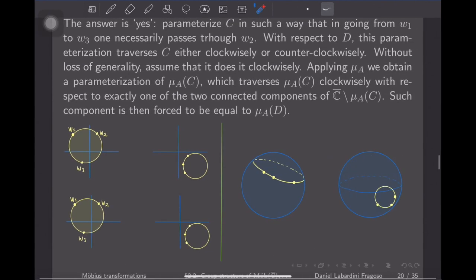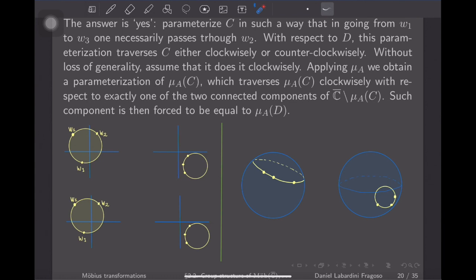Now the point is, you see, W1, W2, W3. I take the circle that they determine in C bar, and then of the two disks, in one of them W1, W2, W3 appear in the clockwise sense, and in the other one, they appear in the counterclockwise sense. Do you see it?